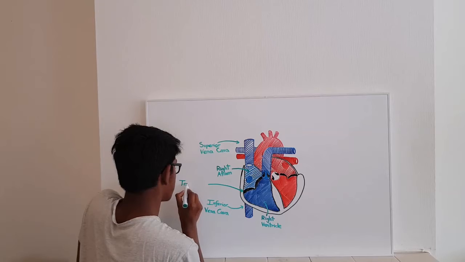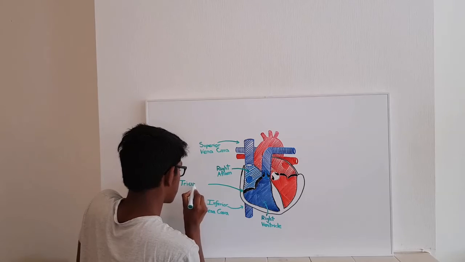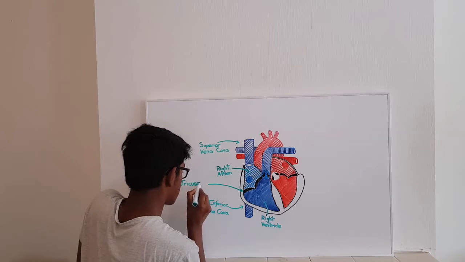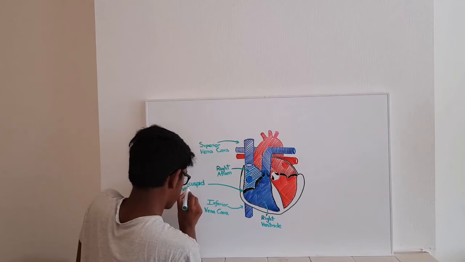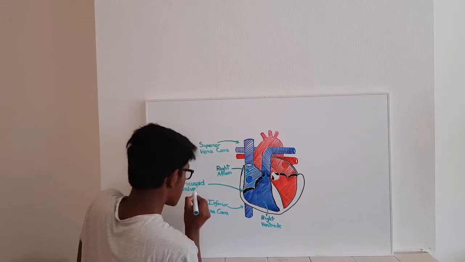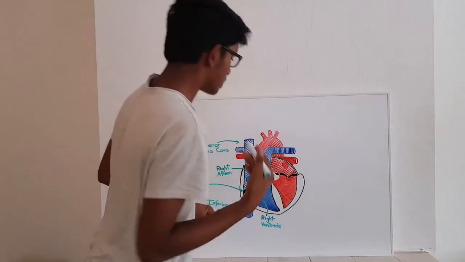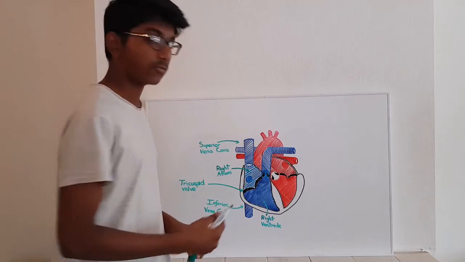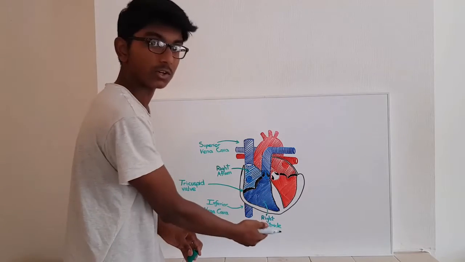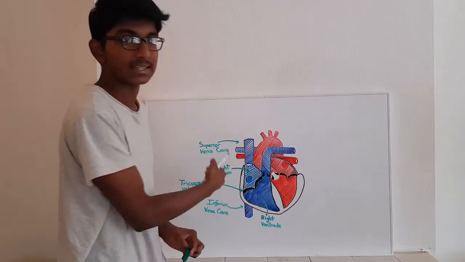The tricuspid valve. So what this tricuspid valve does is it prevents the blood flowing from the right ventricle into the right atrium.